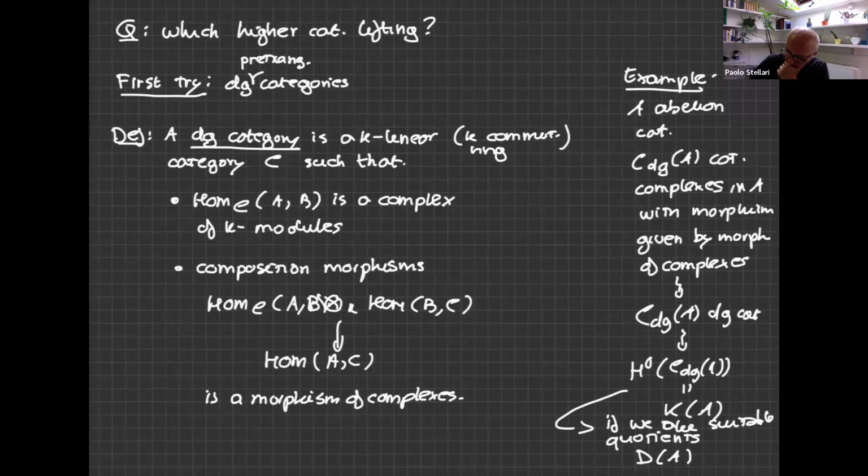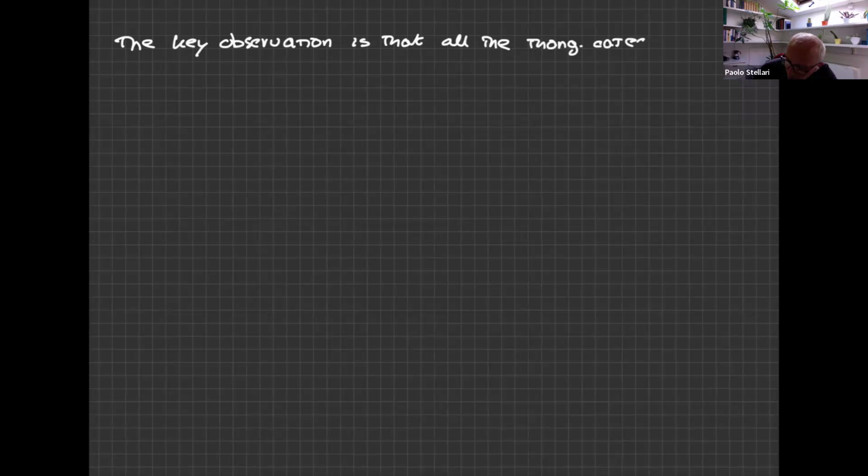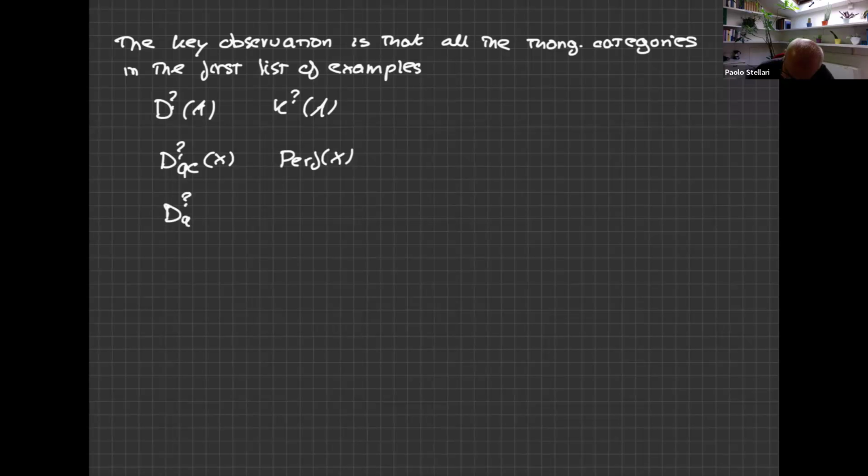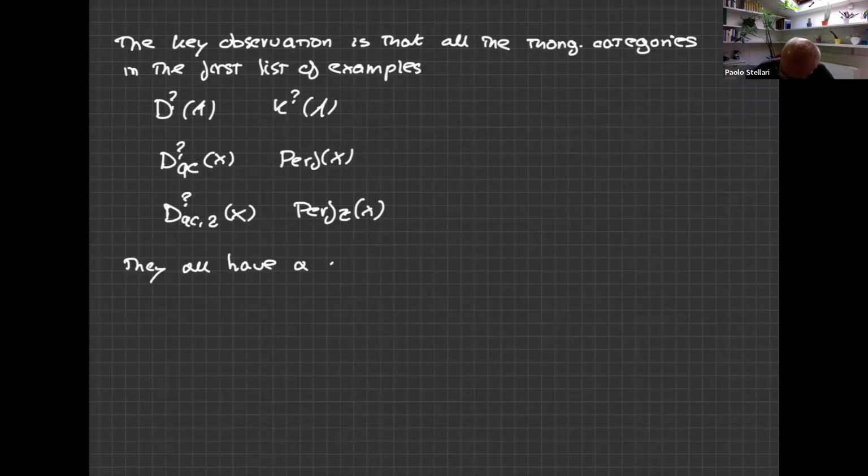So the key observation is that all the triangulated categories in the first list of examples, so D^?(A), and then also D^?_QC(X), and in particular Perf(X), or the additional decoration, D^?_QC(Z, X) or Perf(Z, X), they all possess a DG enhancement.